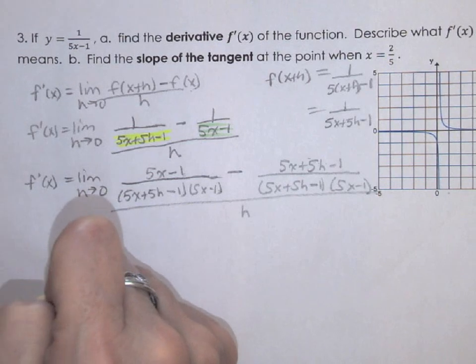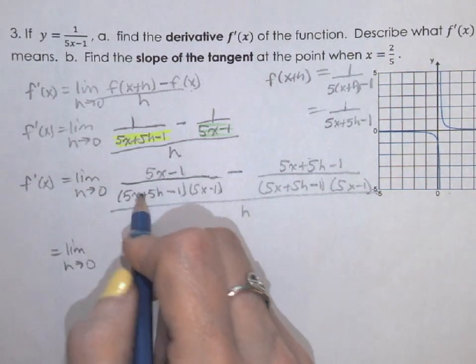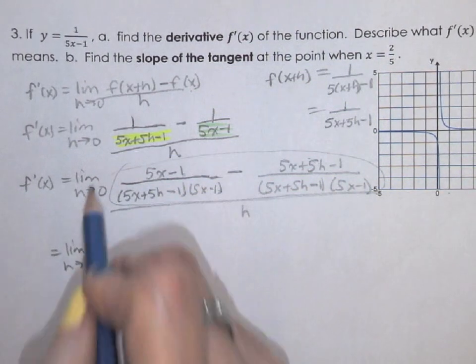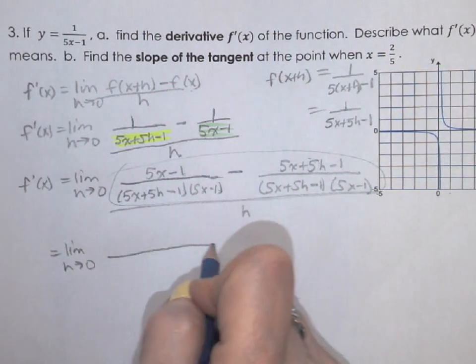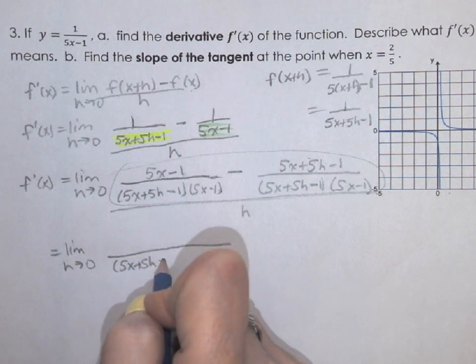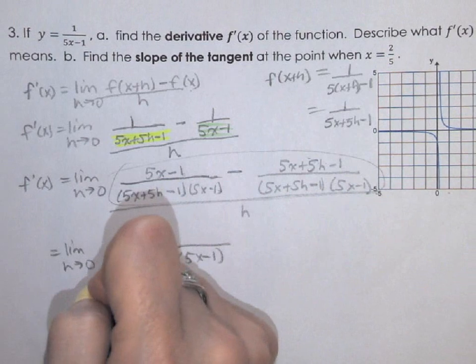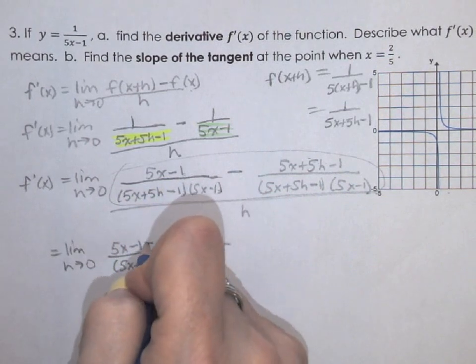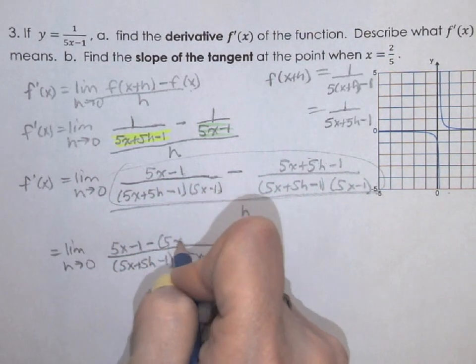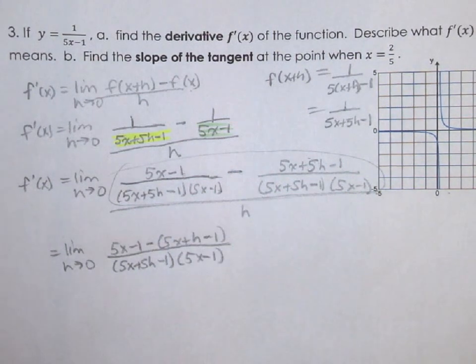Now this is an important step here. I'm going to combine some steps. I'm just going to write this top part here with one denominator, and I'm going to show subtracting the numerators, because that's what we're doing here.